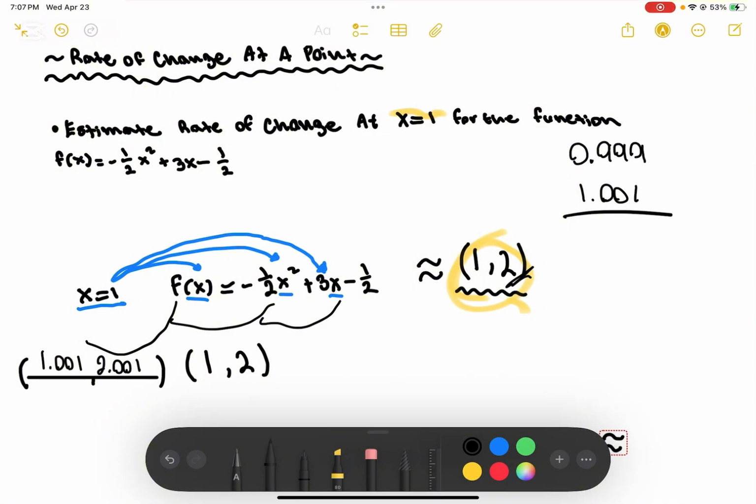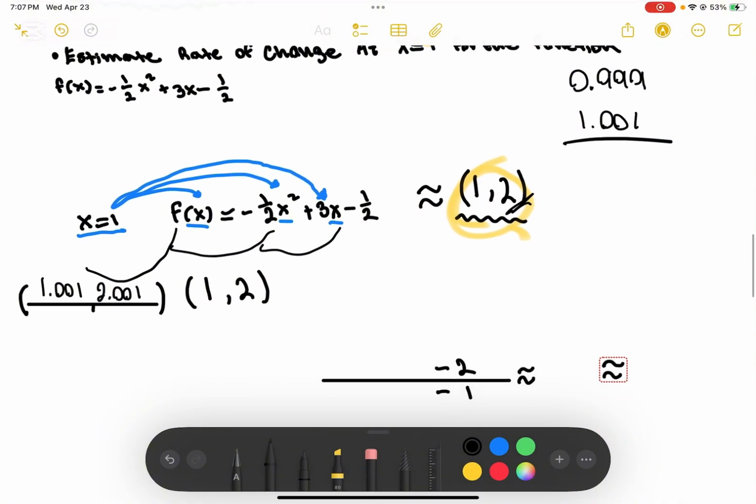Now that we got our 2 points, we can figure out the rate of change. So this is going to be our y2 value, and our x2 value, and our x1, and our y1. Now we just plug it in. So our y2 is 2.001, and remember, that has to be subtracted by the y1. So 2.001 minus 2 being divided by 1.001 minus 1.